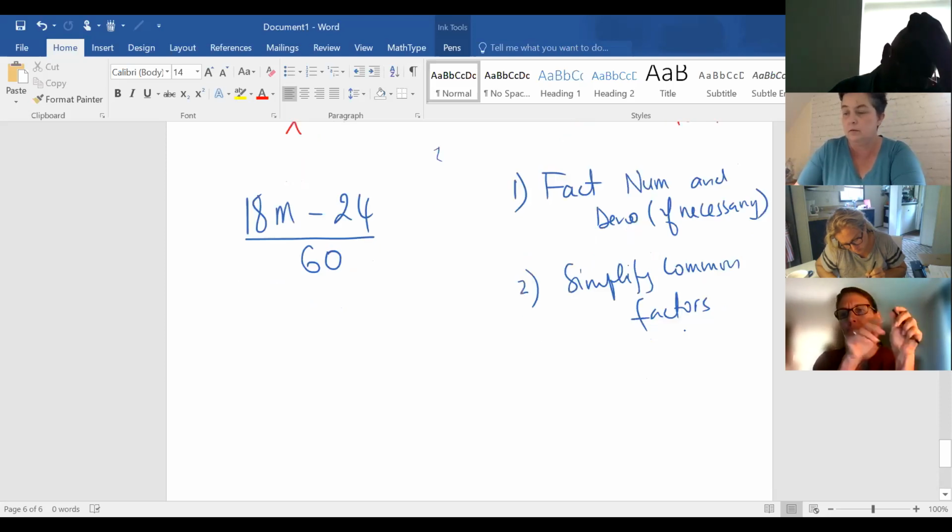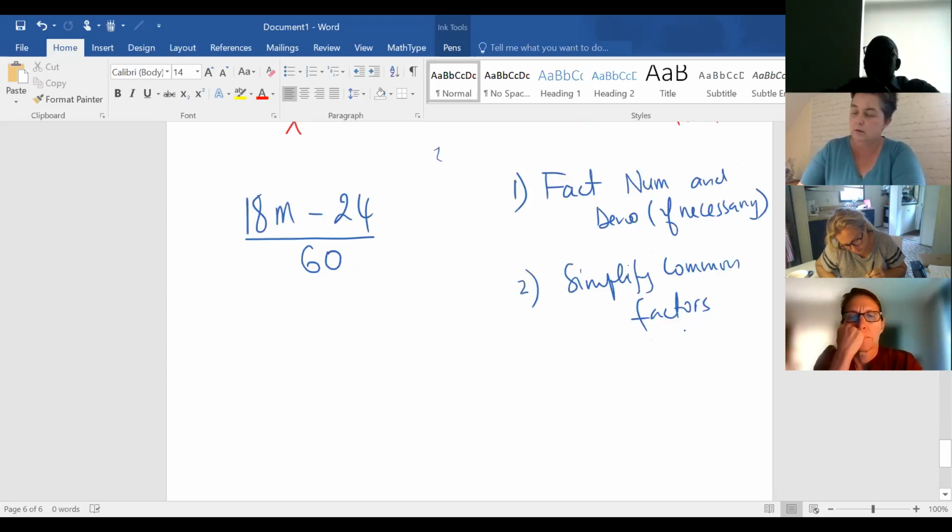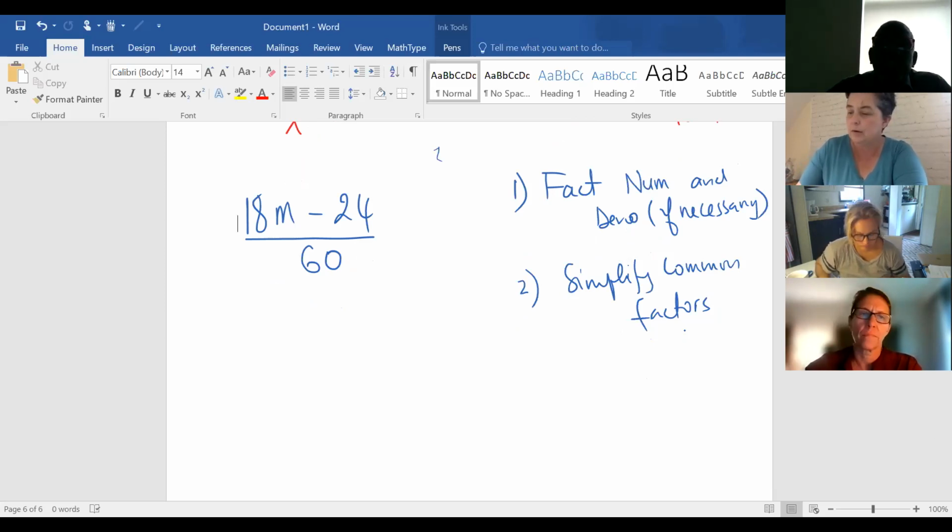Here the denominator is 60. I don't need to factor 60, it is just a single number. But how do we factor the numerator? What method are we going to go with? The GCF, which is 6. I put 6 here, parentheses.